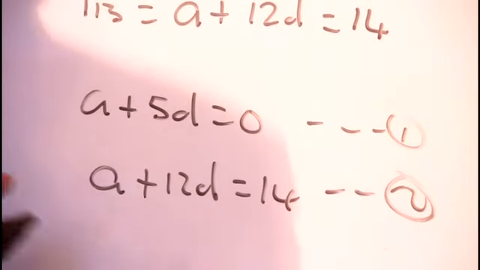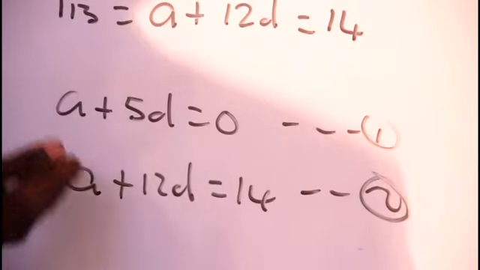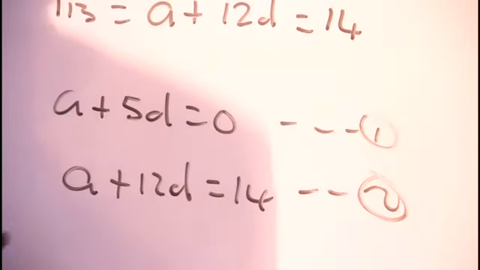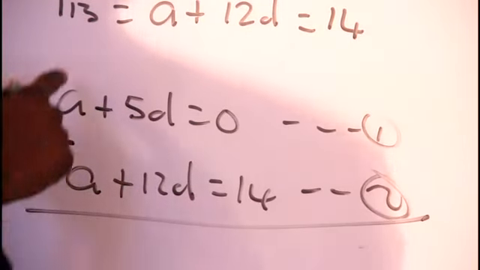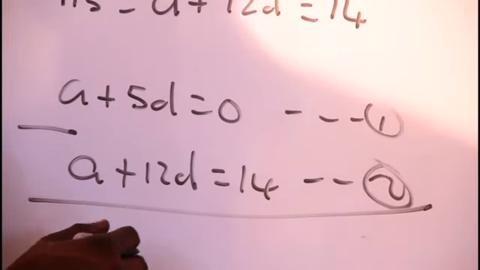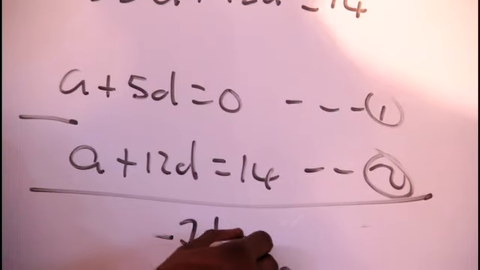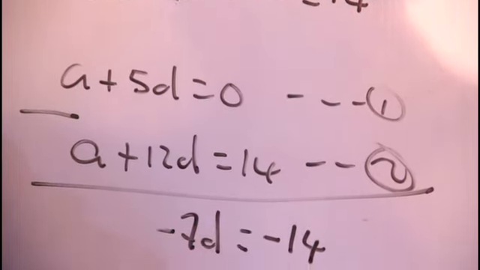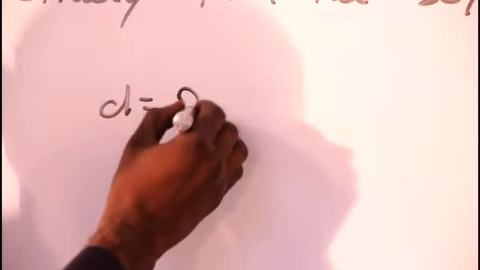Since you use simultaneous equations, since the term in A in equation 1 and the term in A in equation 2 are the same, what you now need to do is to subtract equation 2 from 1 to eliminate the term in A. When we do that, see what we have here. We have minus 7D being equal to minus 14. So when we go further, D will be equal to 2.